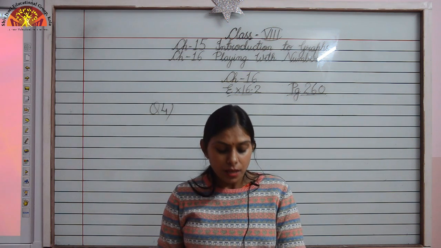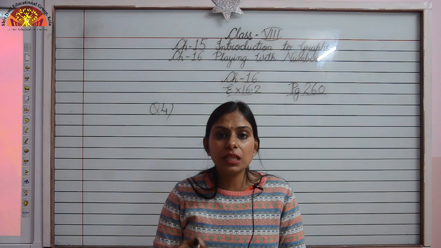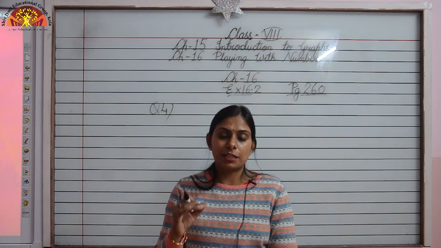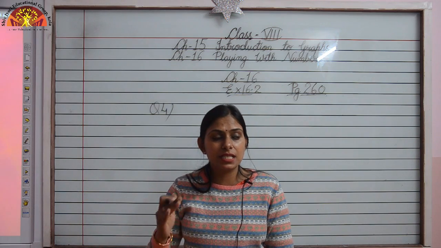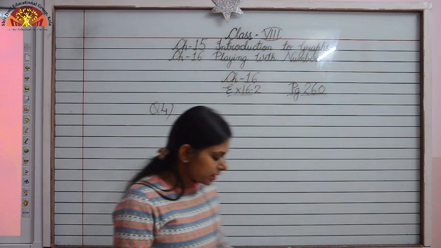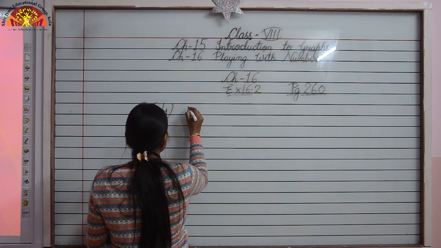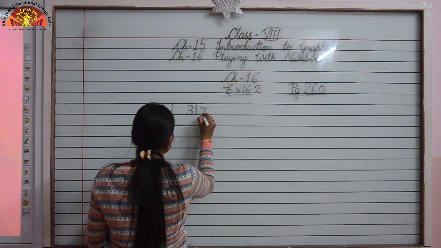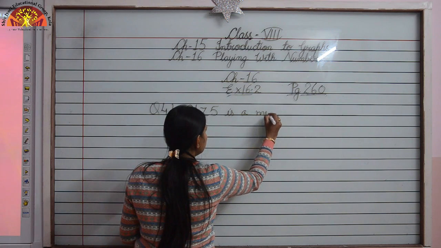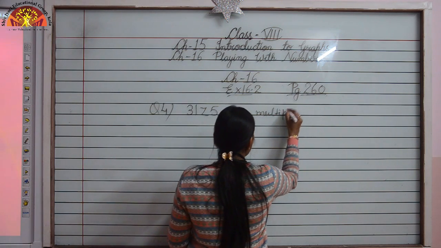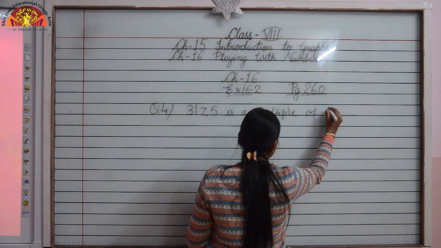Again the same thing, but here now the given number is a multiple of 3. That means the sum of the digits is a multiple of 3, or it is divisible by 3. So just see over here, it is given 31z5 is a multiple of 3.